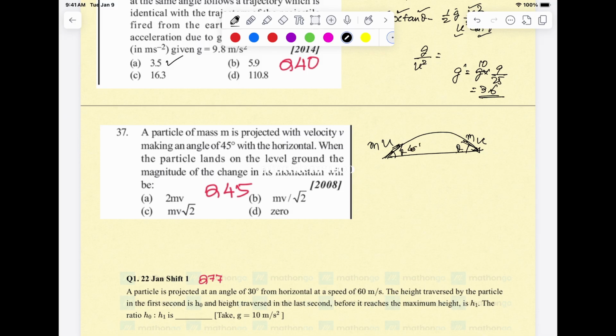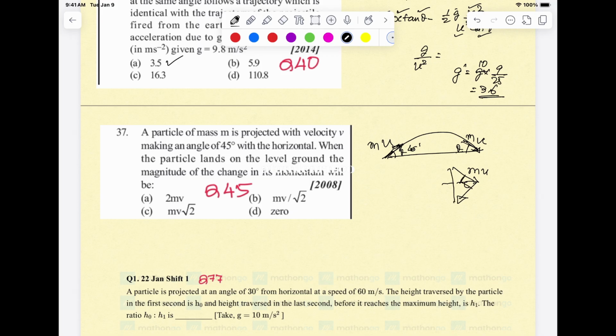Therefore, what will the change in momentum be? The change in momentum is like this: the final vector mu minus the initial vector. The initial vector is like this, minus means like this, opposite. And the angle is, this is 45, this is 45, therefore 90 degrees.